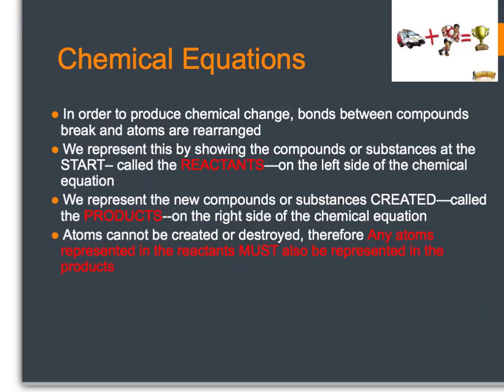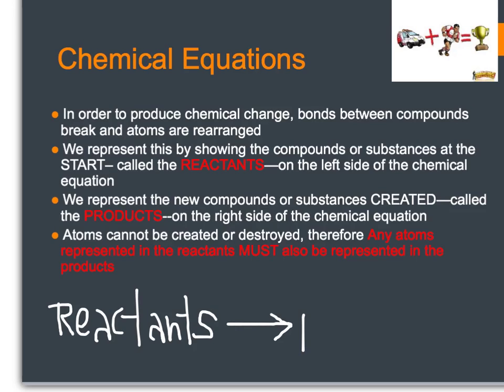We do this by creating what's called an equation that is very much like the types of equations you would see in math. We always start with the reactants on the left, so we read left to right, and we begin with whatever compounds or elements we have at the start of our experiment.